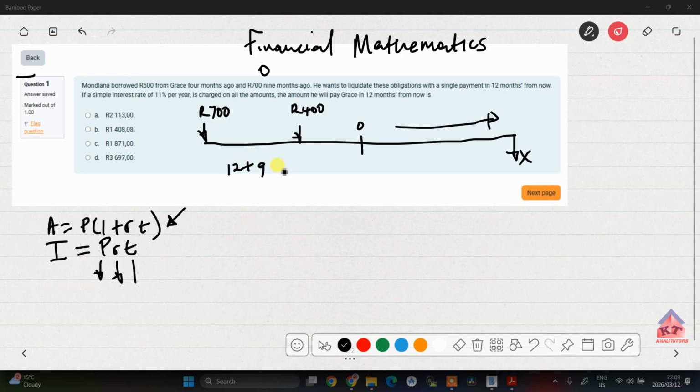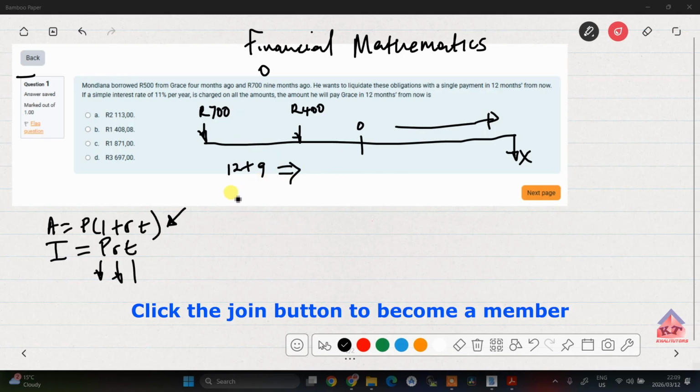That's the duration of the loan. For the second one, it's 12 months plus 4 months. When we use our equation here, we are going to convert this to years. And I told you, since we know that there are 12 months in a year, we are going to divide by 12.